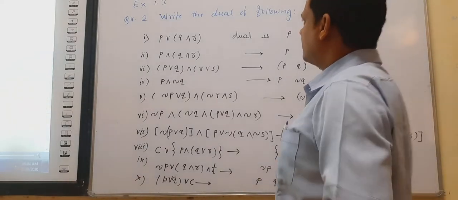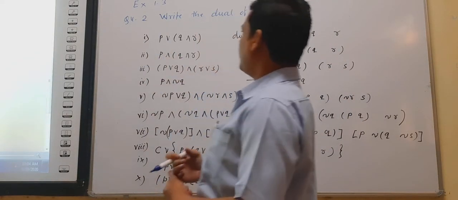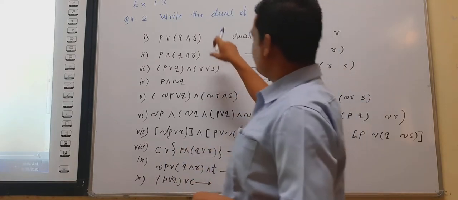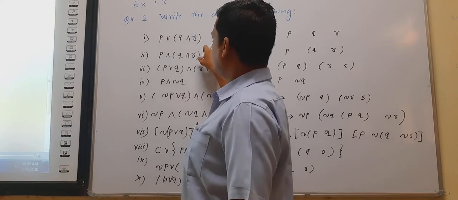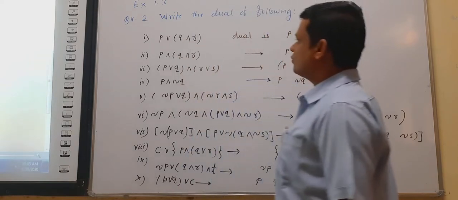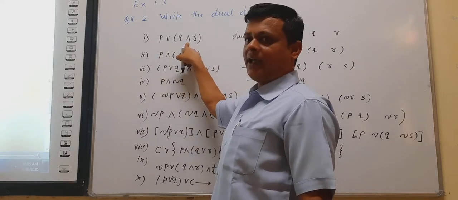Now see the first example. P or Q and R, we have to make the dual of this given statement. While making the dual, we have to replace or by and, and and by or.